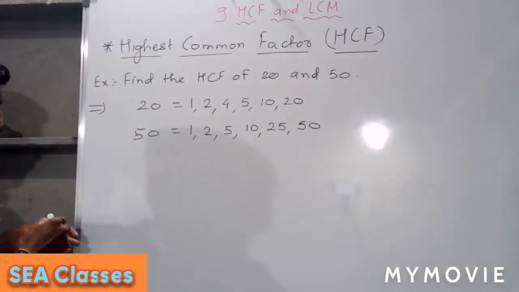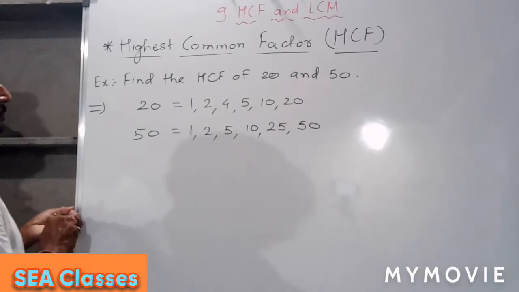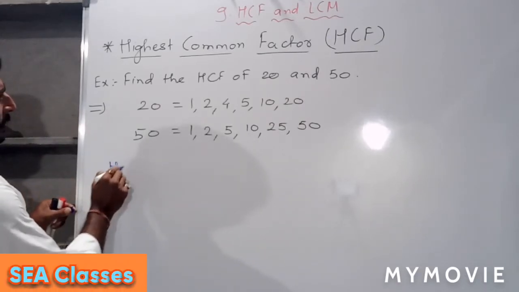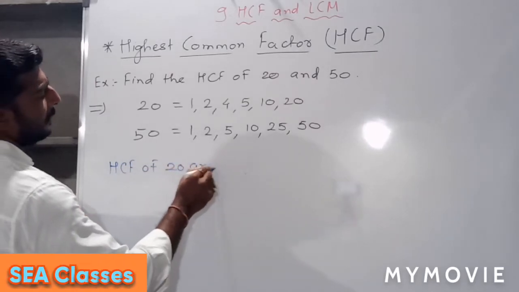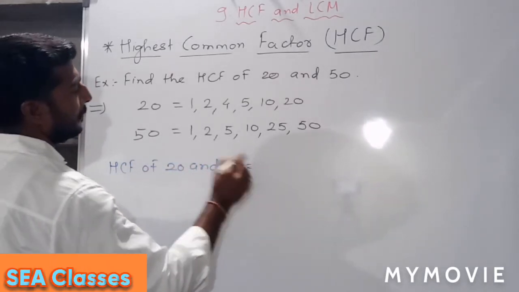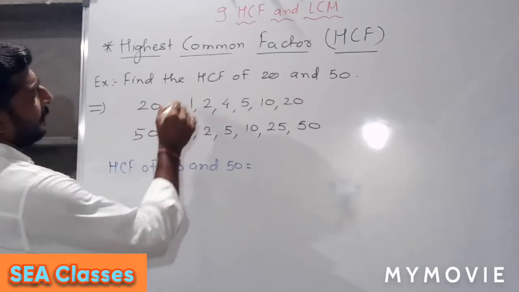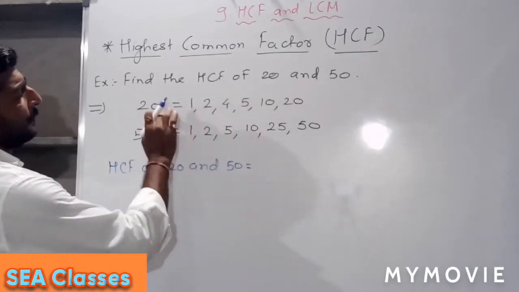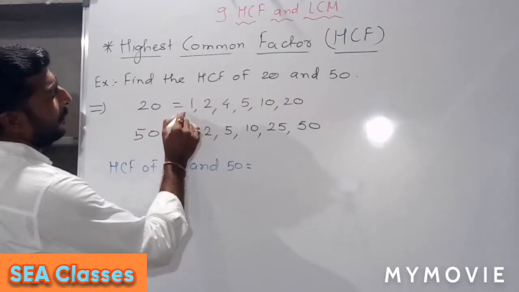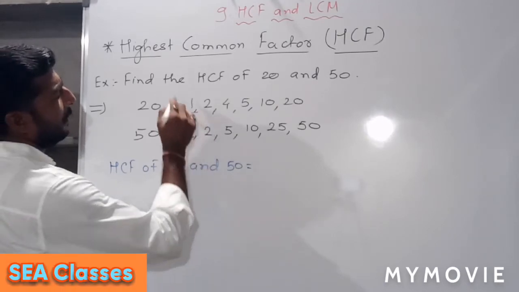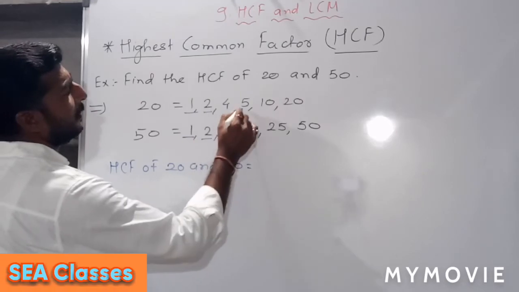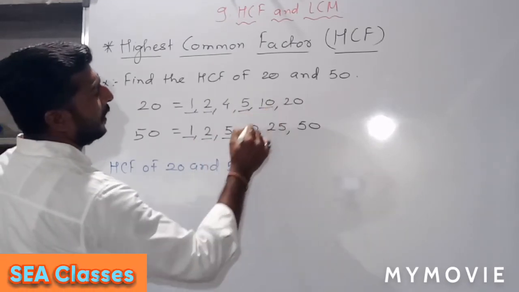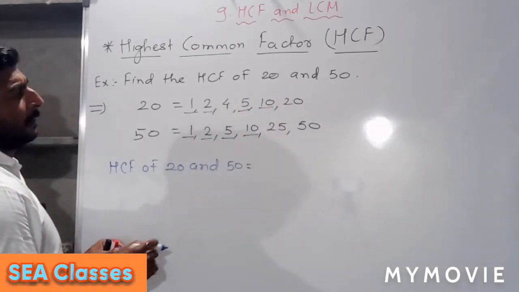Now you have to find the highest common factor, that is HCF, of 20 and 50. In the lists of factors of 20 and 50, 1 is common, 2 is a common factor, 5 is a common factor and 10 is a common factor.